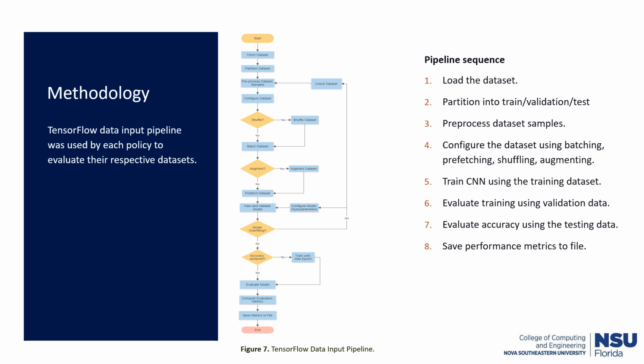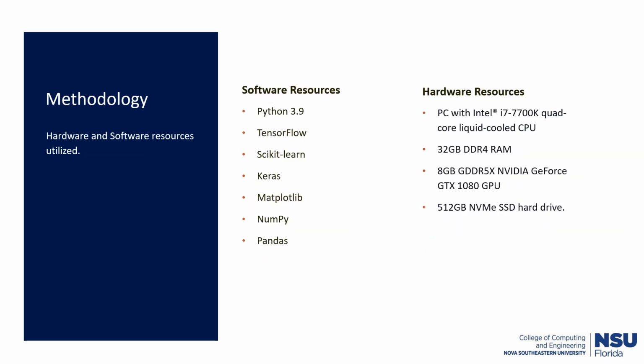Finally, we would train using the training dataset, evaluate using the validation dataset, and check accuracy using the testing dataset, and all those metrics would be saved. As far as the resources used, we use Python 3.9, TensorFlow, Keras, Matplotlib, NumPy, Pandas, and a local desktop PC with a liquid-cooled CPU, 32 gigs of RAM, and an 8 gigabyte GTX 1080 GPU.